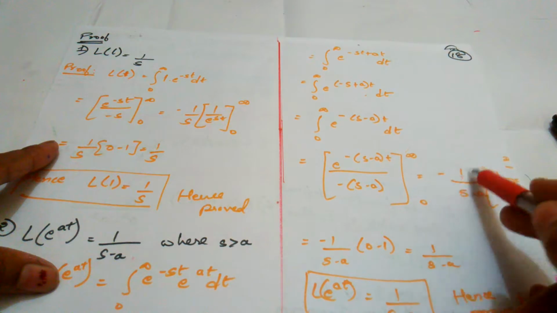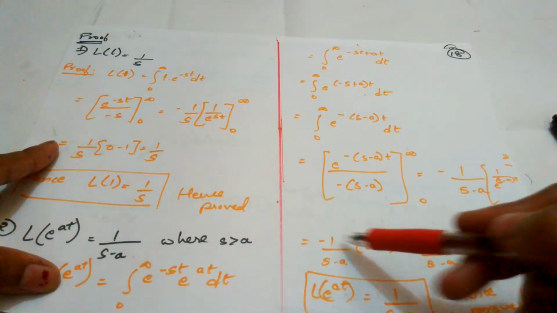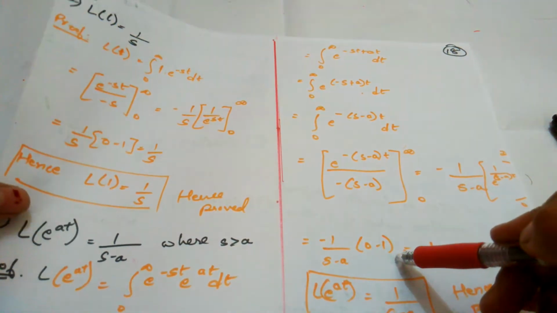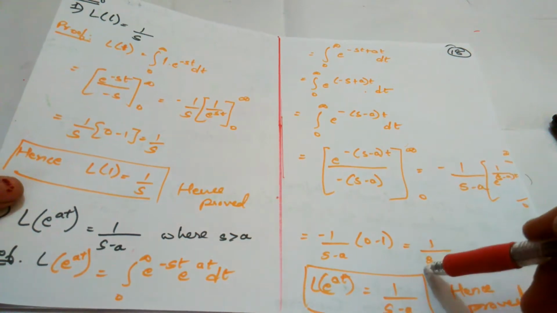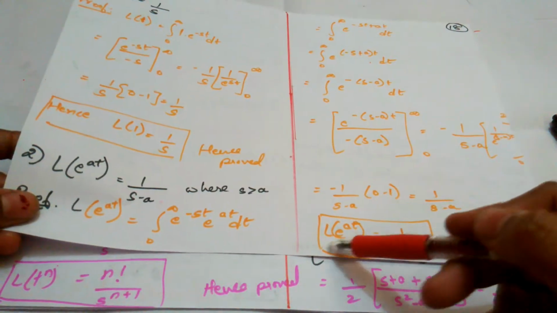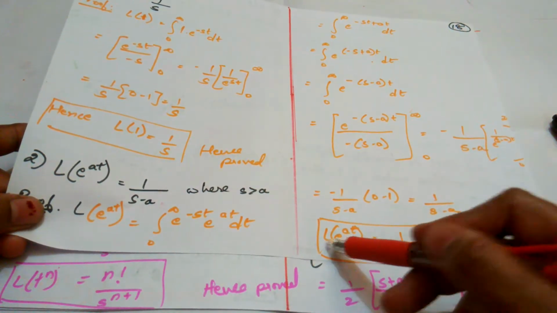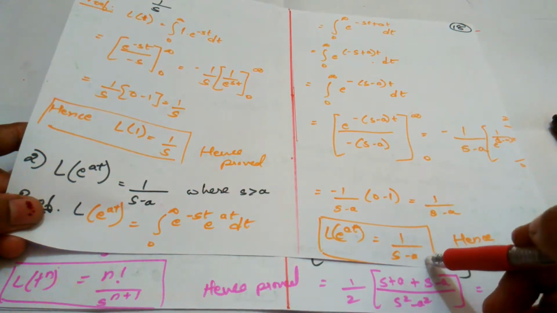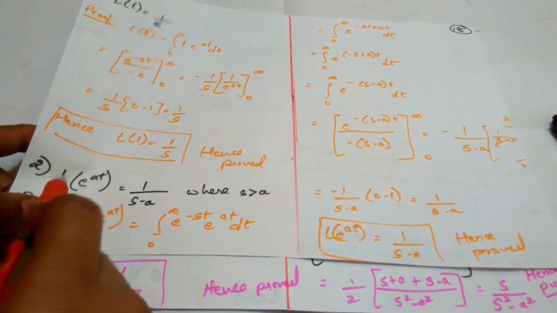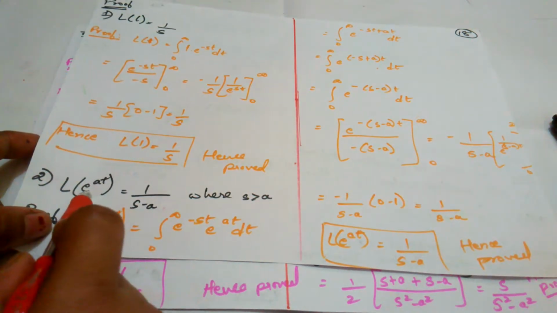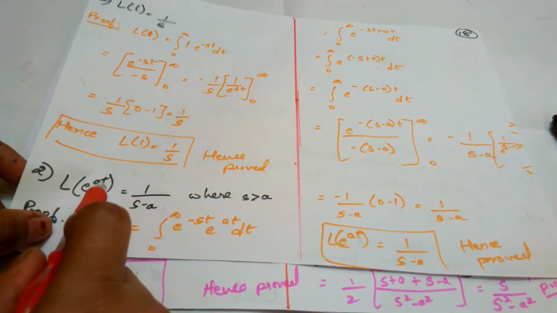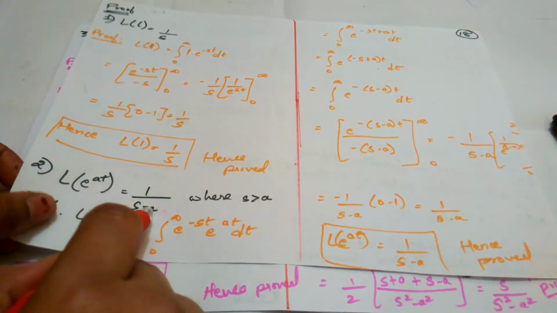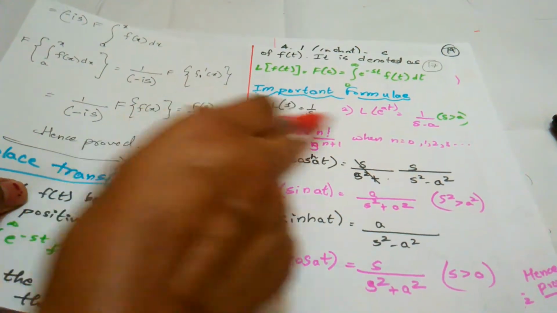As a result, this term will be there and the rest will be 0 minus 1, which is equal to 1 divided by s minus a. Therefore, L of e raised to at is equal to 1 upon s minus a. So hence proved. What we have to prove here is L of e raised to at is equal to 1 upon s minus a. So we have completed the second formula.